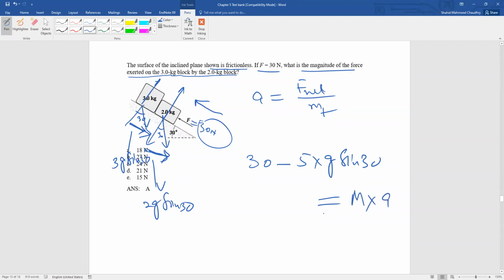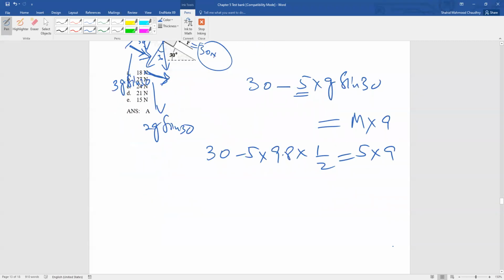What will be the mass? It is the total mass, because here we take the total mass. So you can solve this: 30 minus 5 into 9.8 into 1 over 2 is equal to 5 into a. When you solve this, you can find the acceleration. The acceleration will be 1.1 meter per second squared.